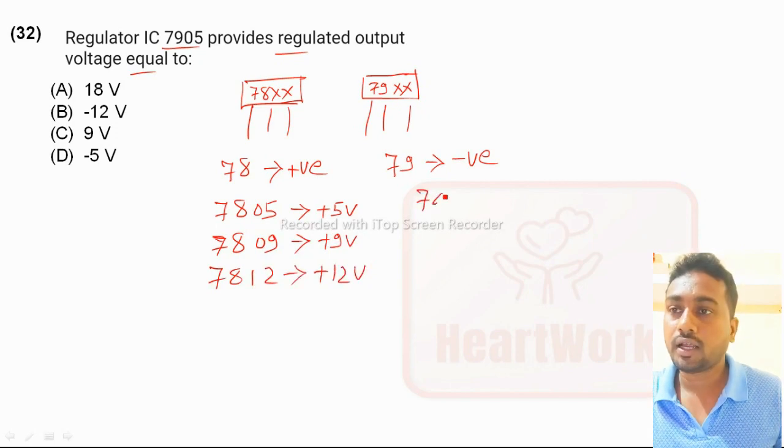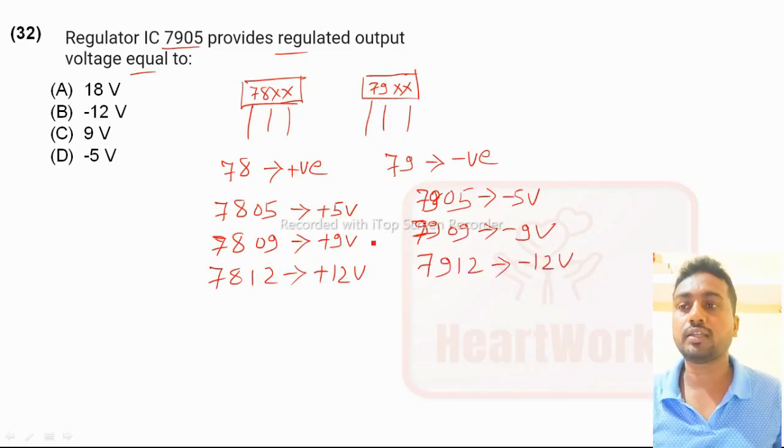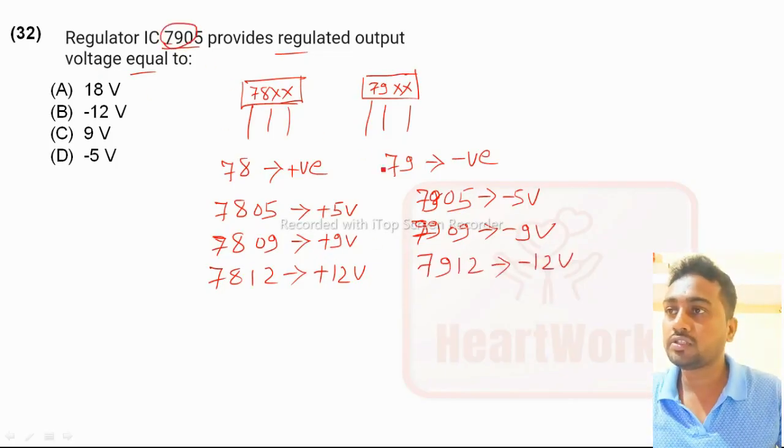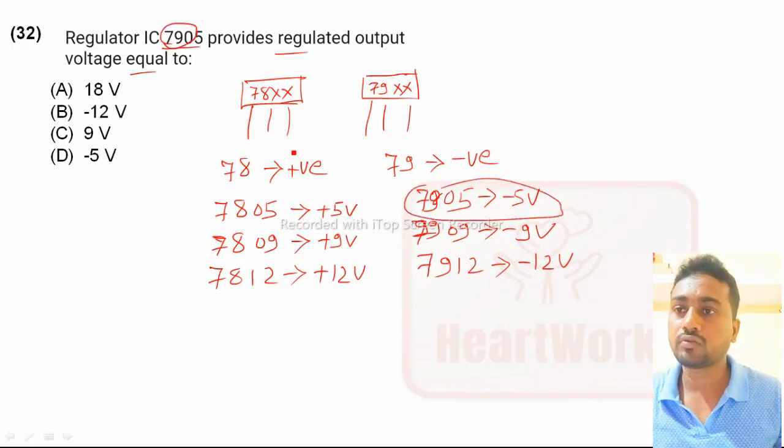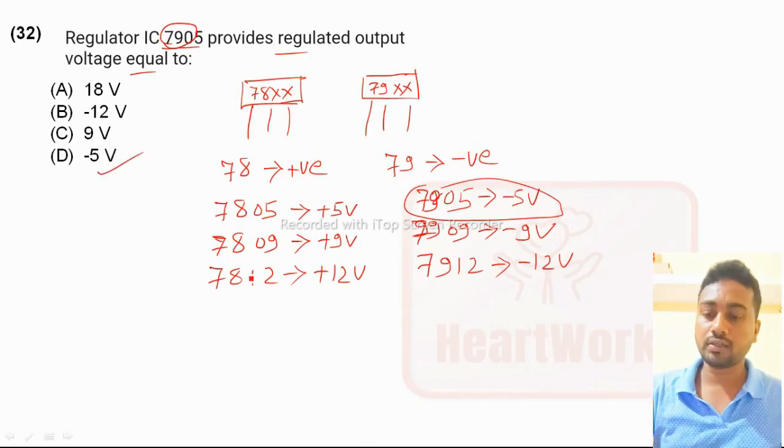And for the 79 series, same: if 7905 then negative 5 volt, 7909 then negative 9 volt, 7912 then negative 12 volt. Like that it will give output. So here 7905 means negative 5 volt, option D is the right answer.